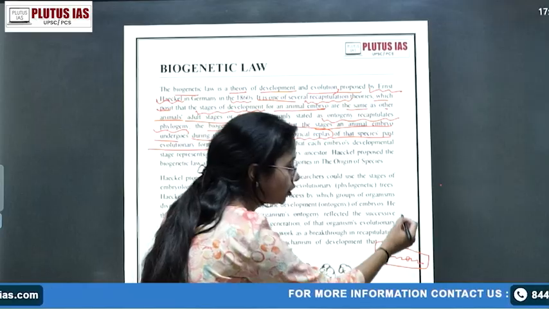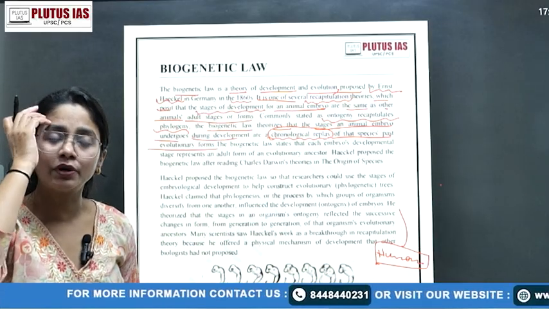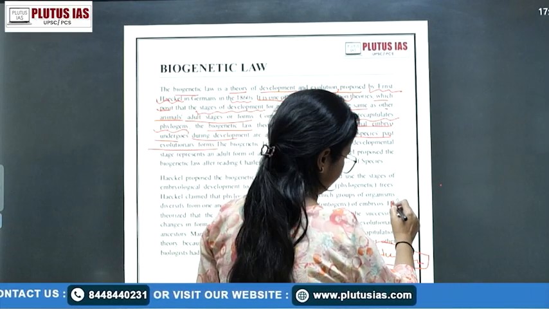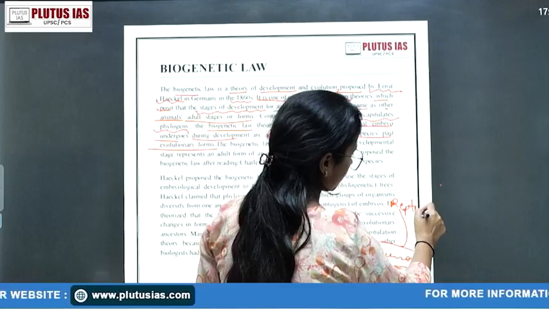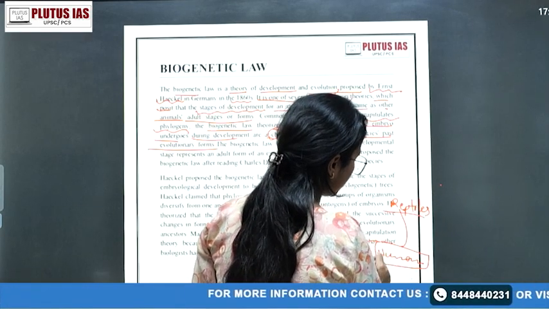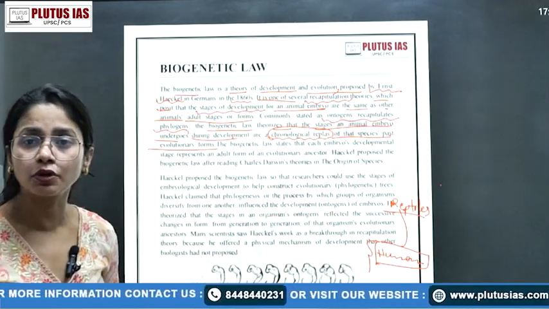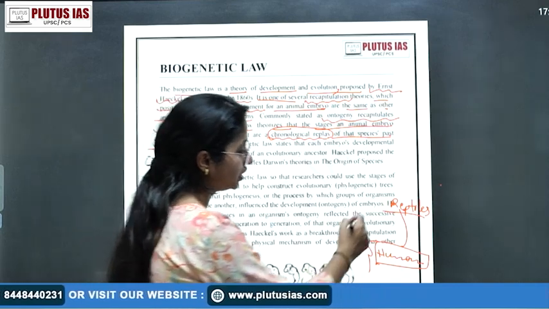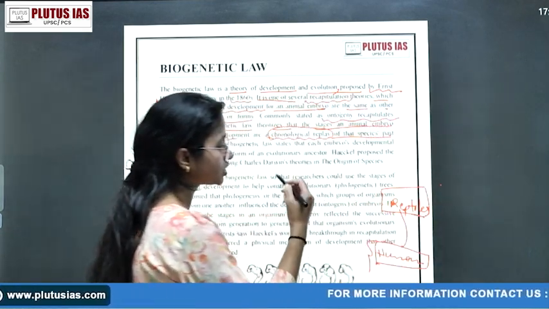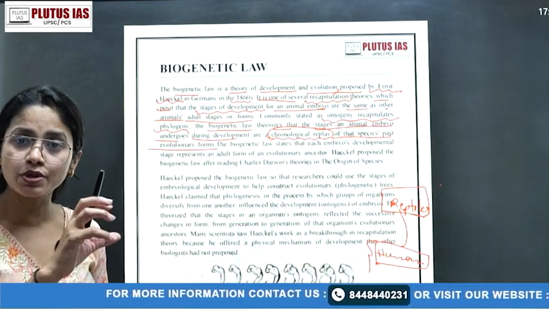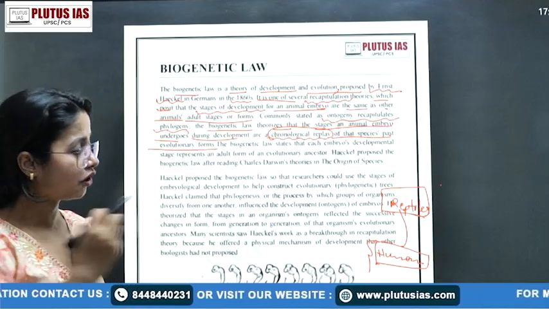Here we're talking about this: suppose we talk about the human. We know that humans and birds evolved from reptiles. So the developmental stages of the human embryo will resemble the adult stage or some stages of the reptiles. That shows the evolutionary linkage of the human.